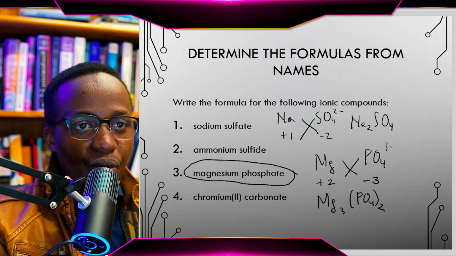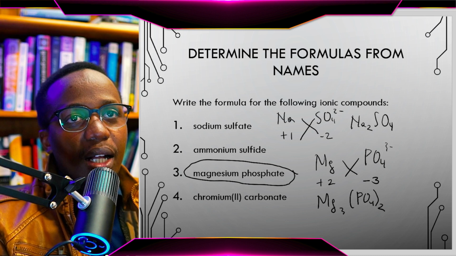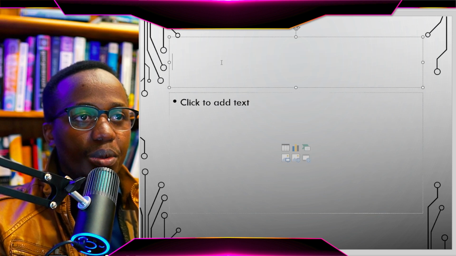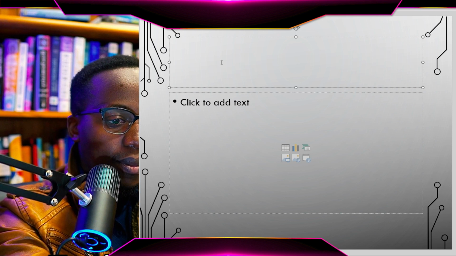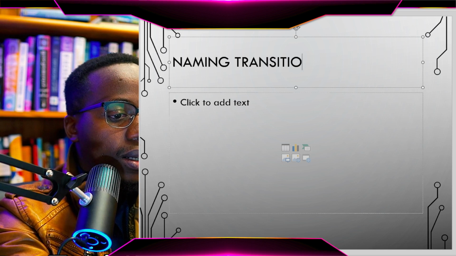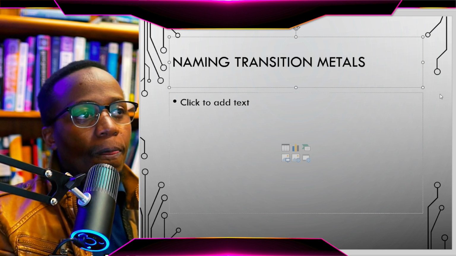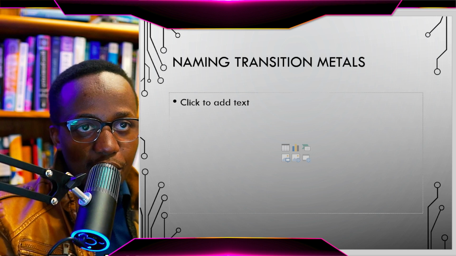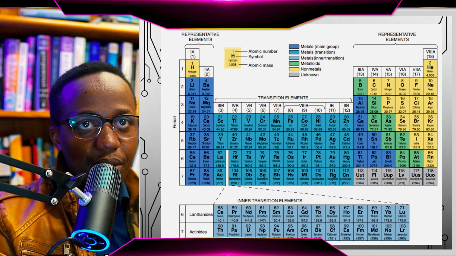Now before I go to naming covalent compounds, I need to tell you how to name these weird compounds that we call transition metals. So let me just say naming transition metals. So first of all, what are transition metals? Transition metals are these metals right here in the middle of the periodic table, right?